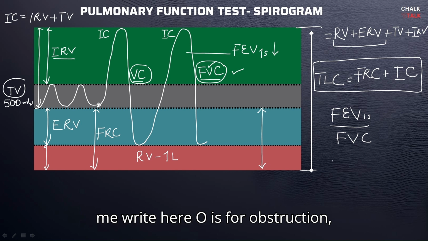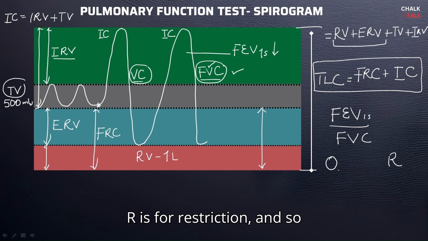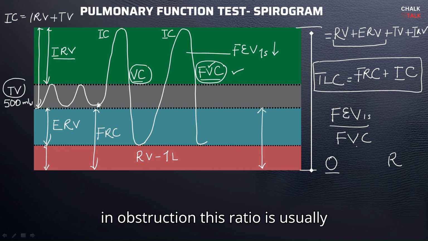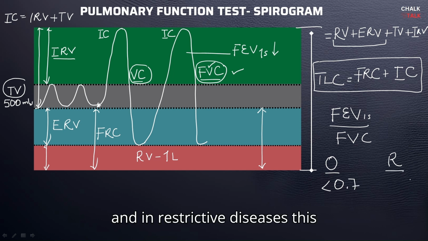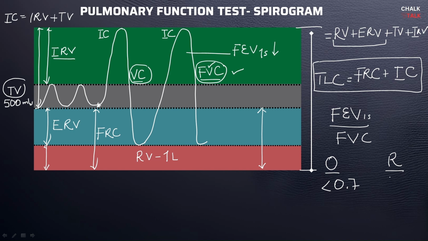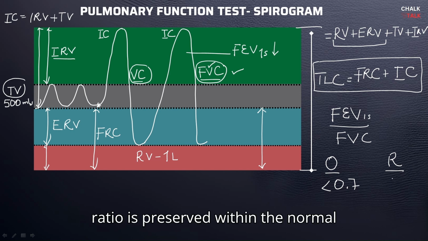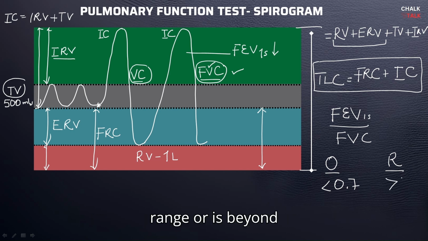So in short, let me write here, O is for obstruction, R is for restriction. In obstruction, this ratio is usually less than 0.7. And in restrictive diseases, this ratio is preserved within the normal range or is beyond 0.7.